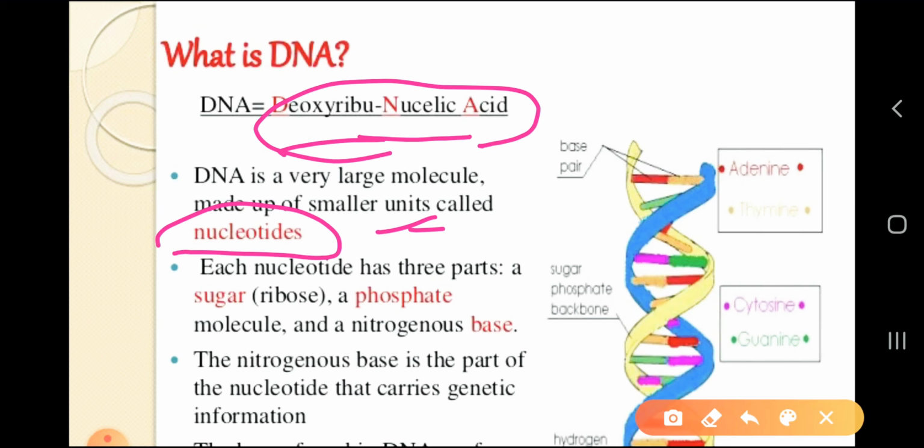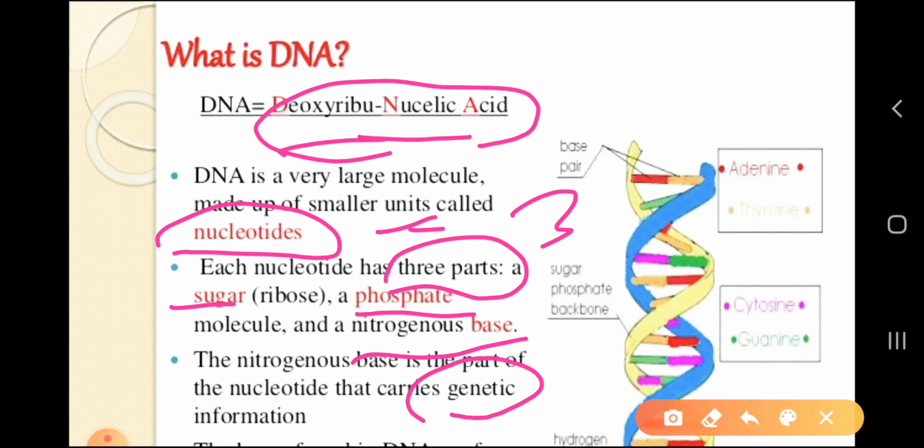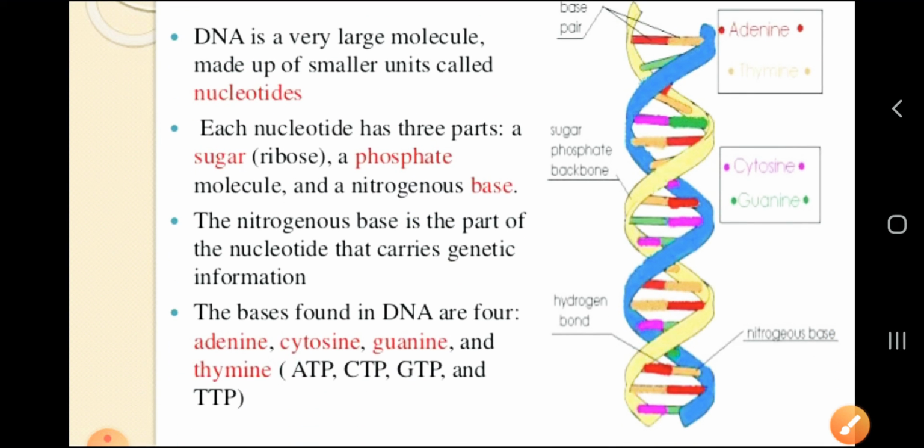Each nucleotide has three parts. How many parts here? Three parts. Number one, sugar, that is ribose sugar; a phosphate molecule; and a nitrogenous base. The nitrogenous base is the part of the nucleotide that carries genetic information. That is the main function.